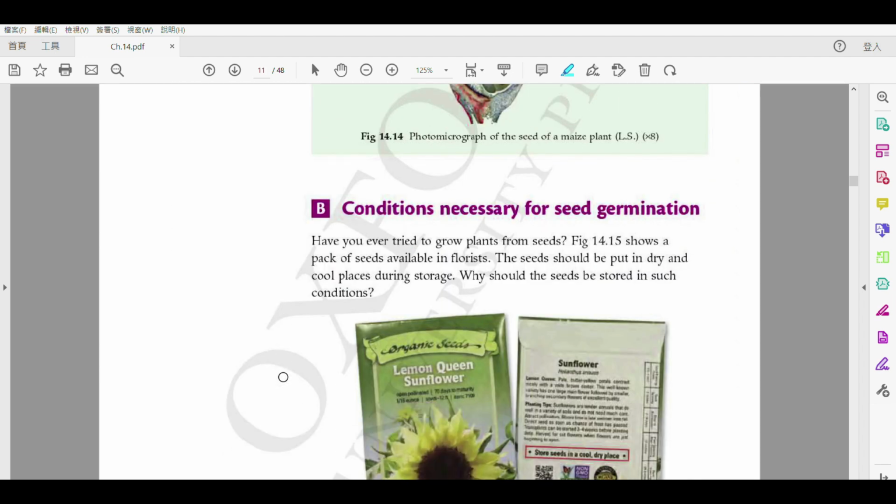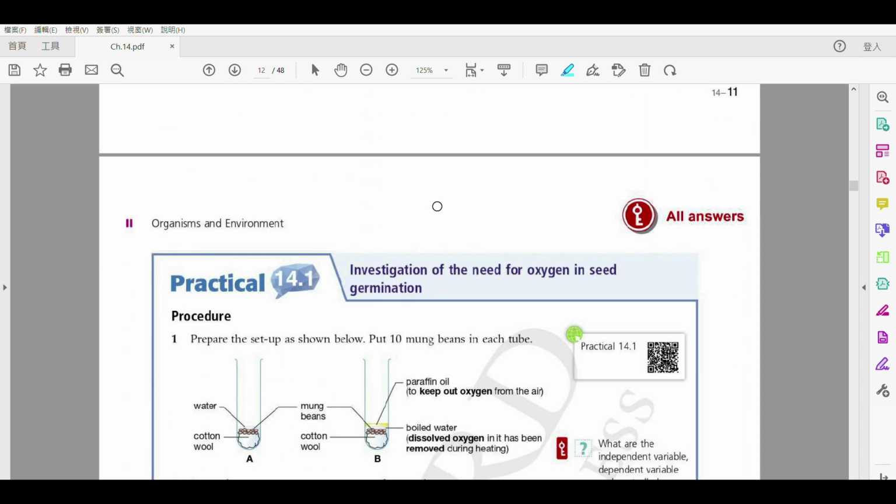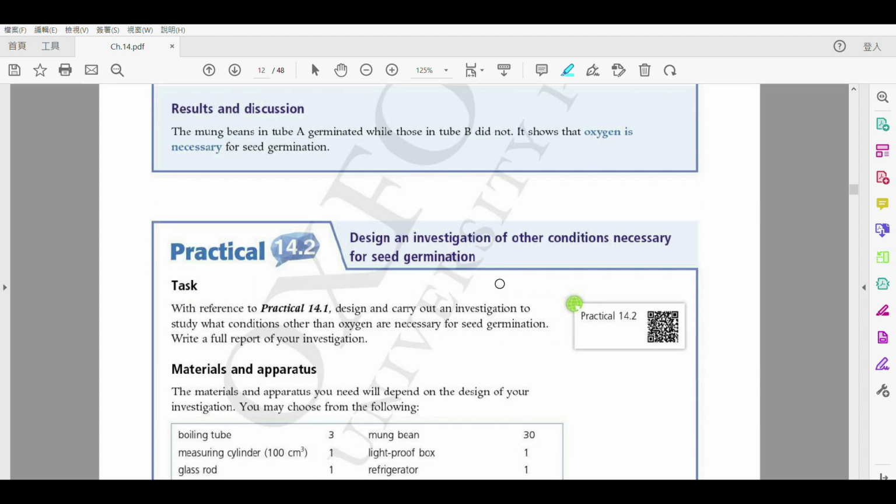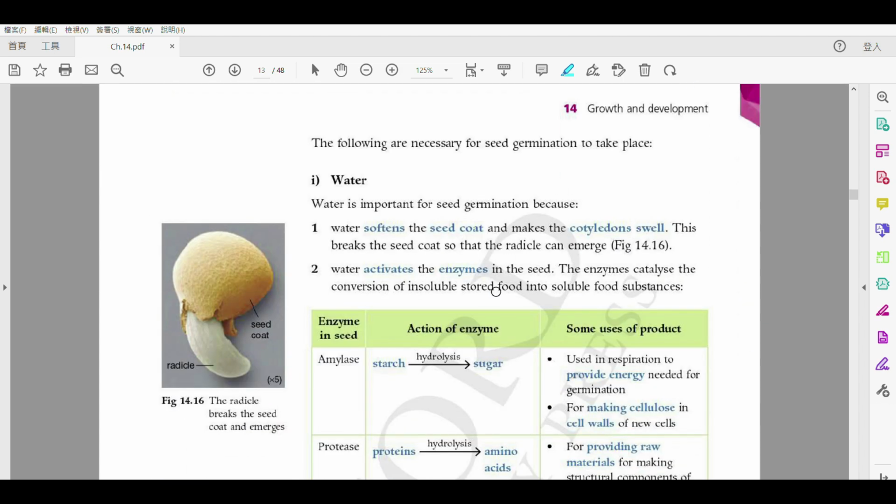The next part, we're going to talk about the conditions. What does it mean by a favorable condition? What does a seed really need? We'll go to this page, and of course, we'll go through these examples in the lesson.